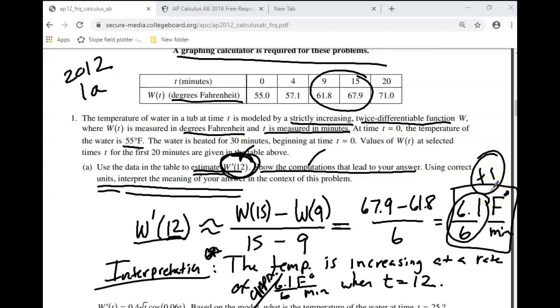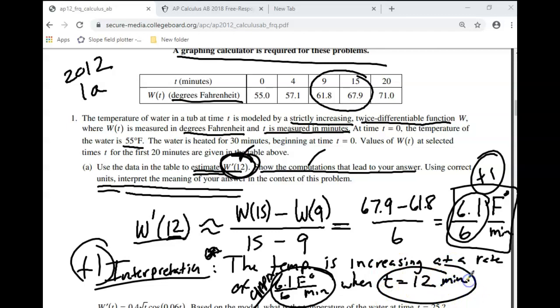My guess is that on this one, the interpretation would be worth another point. Now, it's important to understand when you have an interpretation, you need some things in there. You have to have your output units. You have to have your input units. I probably should have put minutes here just to be safe.